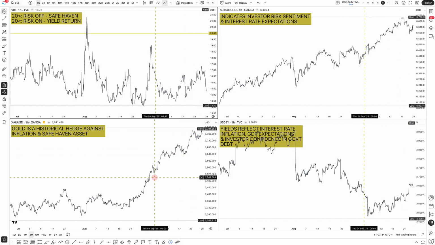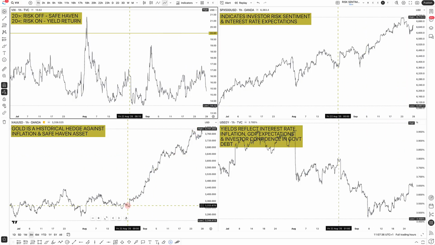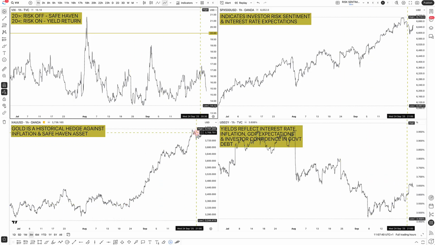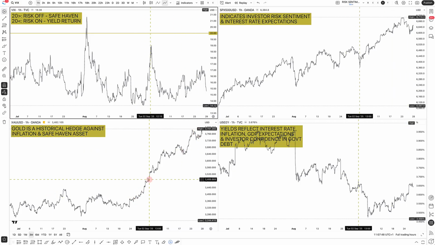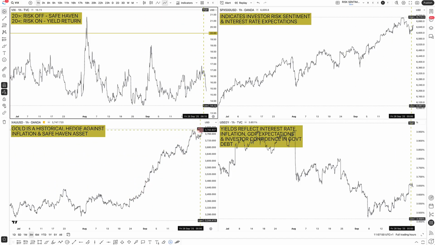But I think with gold moving higher since maybe the end of August, it's more of a function of dollar weakness than any kind of major risk off sentiment. So I think as the dollar has weakened, you've seen gold also strengthen.